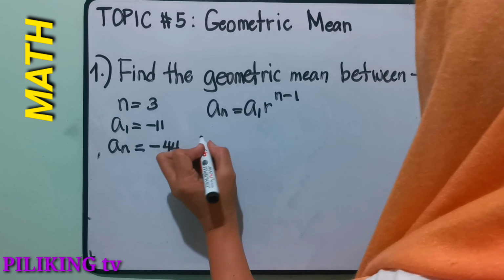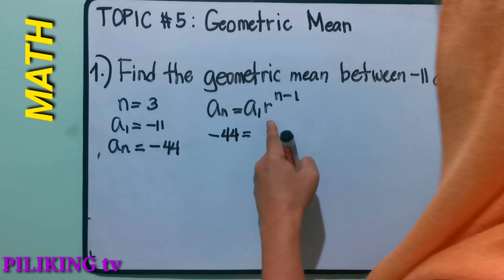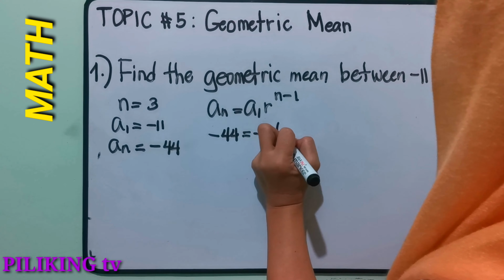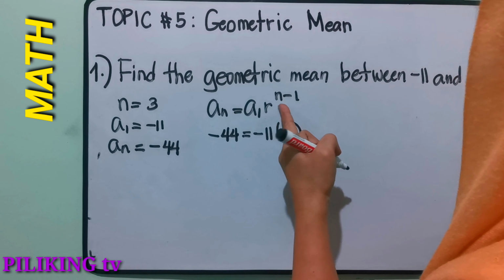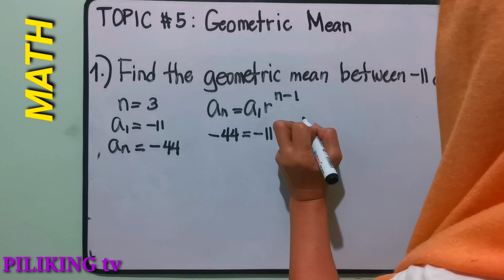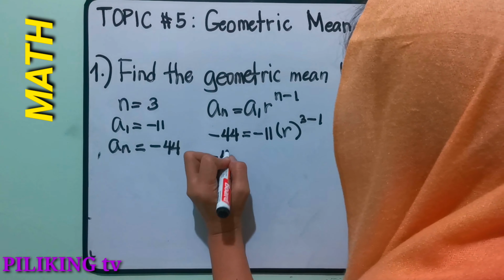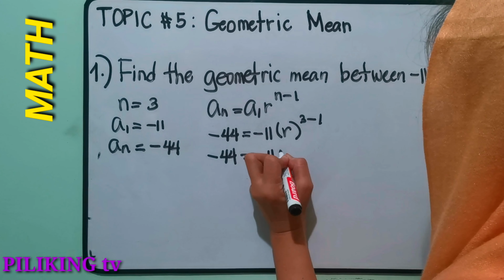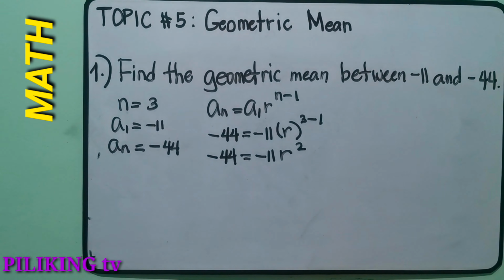So a sub n is equal to -44 is equal to the first term, which is -11 times r. So r is unknown again. So how many terms do we have? 3 minus 1. So you write -44 is equal to -11 times r raised to 3 minus 1, which is 2. Okay?